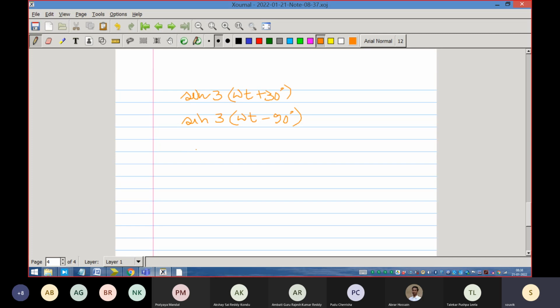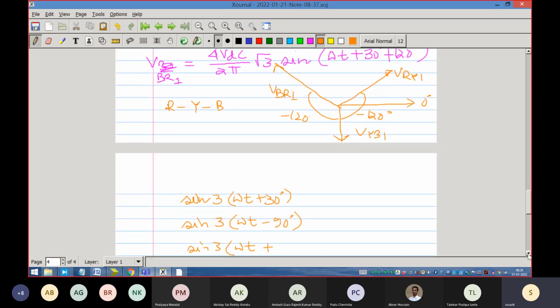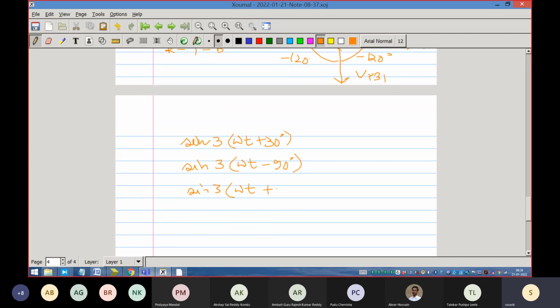Another thing would be sine of 3 into omega t plus, this was how much? This is 150 degree. So 3 into omega t plus 150 degree. Okay, so you can see that this is minus 90 degree and this is plus 90 degree.